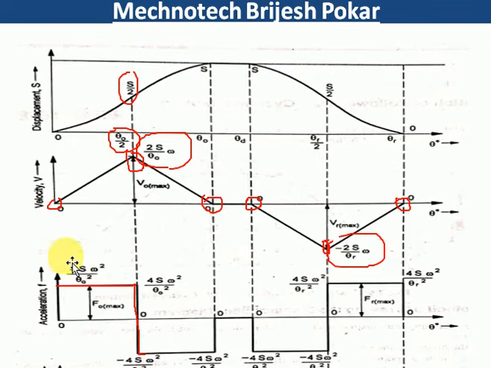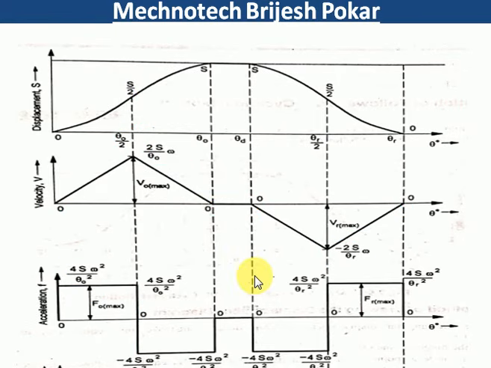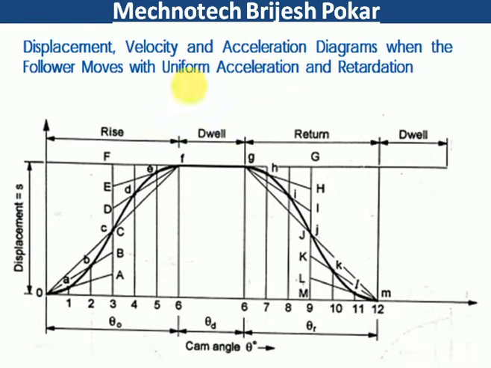So the equation for the acceleration and retardation diagram is 4s omega square upon theta O square, and the same here for the negative with the negative sign. So this is about the displacement, velocity and acceleration diagram of uniform acceleration and retardation motion.